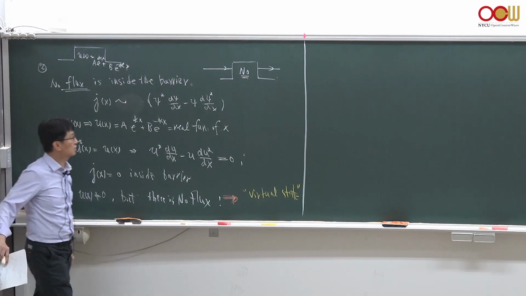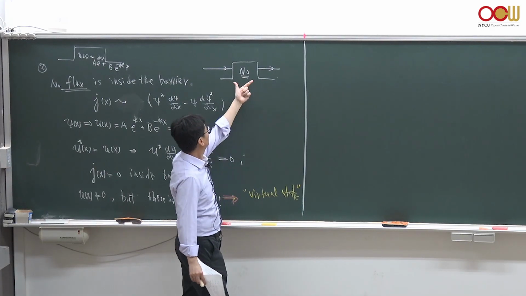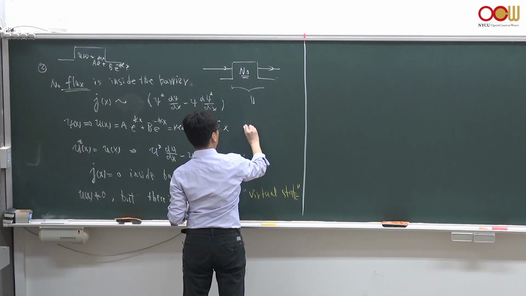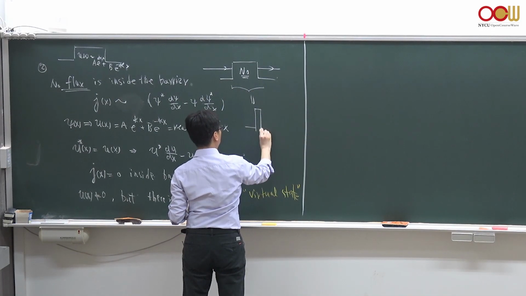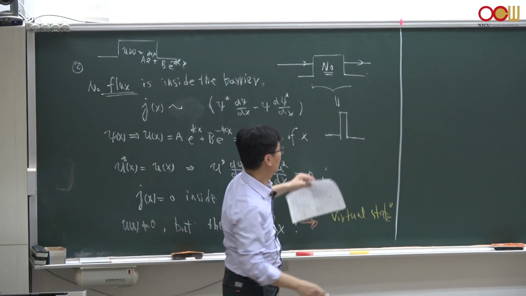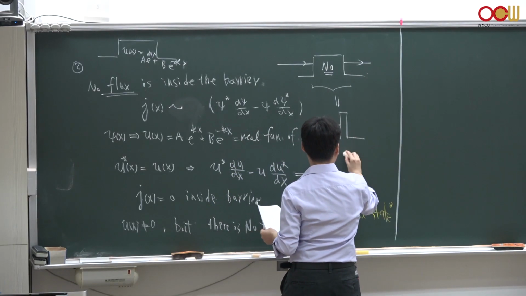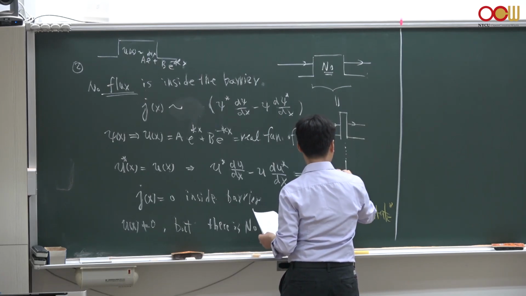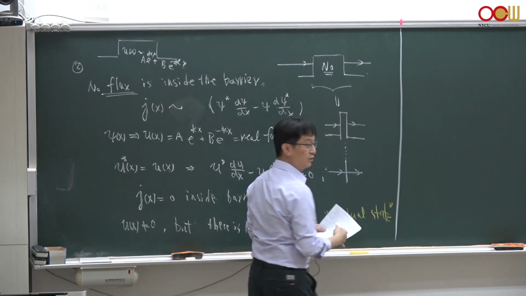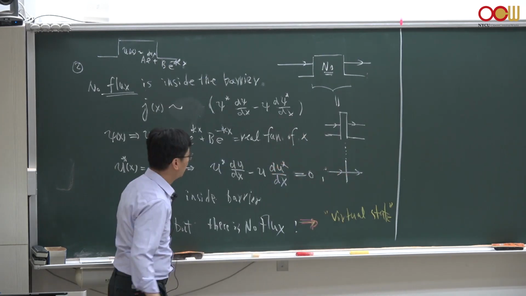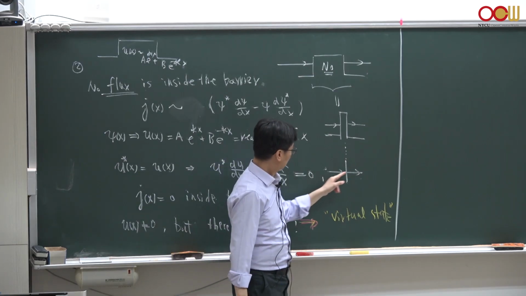Okay, and this is really physical, because if you keep changing the width of the barrier to narrower and narrower, then at the end of the day, you know that the particle is really continuously passing through the barrier.